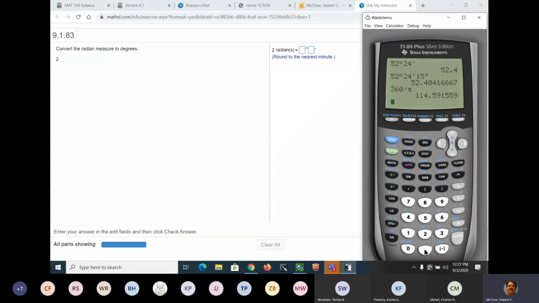So 0.59, I had to go backwards, minus 114, because we know it's 114 degrees. So 114 degrees, and then multiply that by 60, and that's 35 minutes. Minus 35, because we know that's minutes, and then multiply that by 60, and that is seconds, 30 seconds.